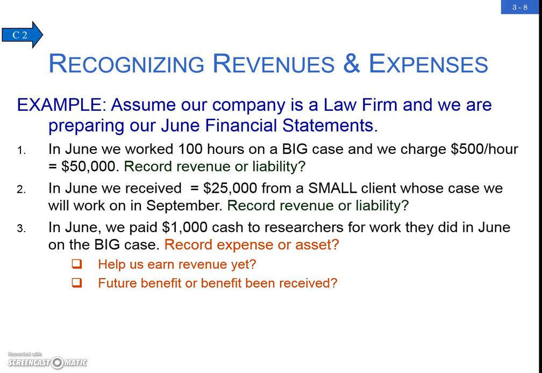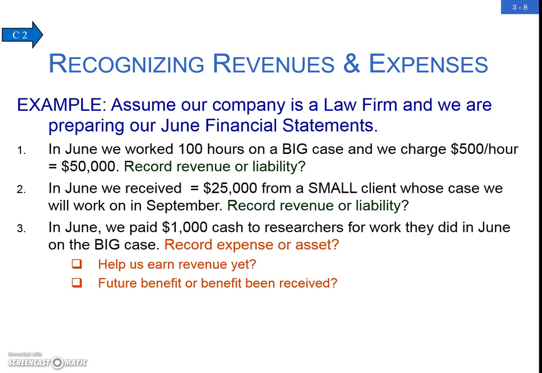Or are we getting something that's going to benefit us in the future, meaning we're going to have a future benefit from this? If it's something we've used up and it helped us earn revenue in the past or in the current period in June, it would be an expense. If it's something that we own that is going to give us a future benefit, then of course it's an asset.